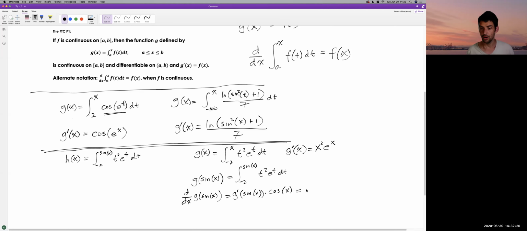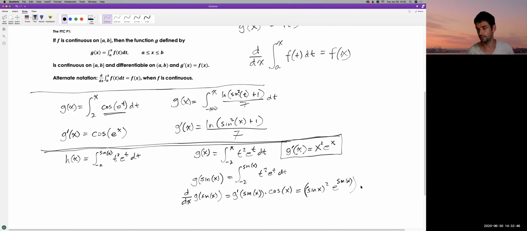Well, I already know g prime. I just did g prime right up here. So this is g prime of, instead of x, of sine of x. So what I'm going to get is sine of x squared e to the sine of x, all of this times the cosine of x.